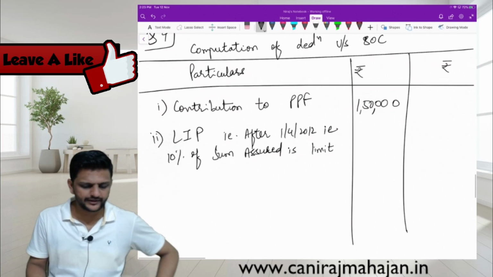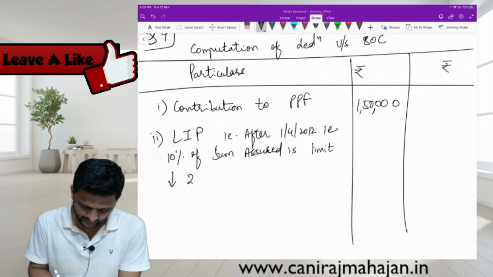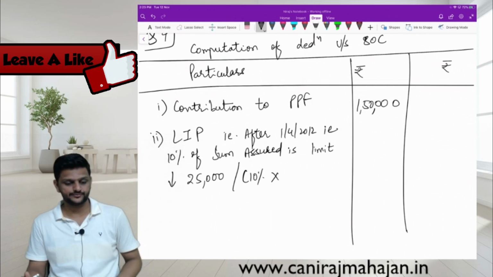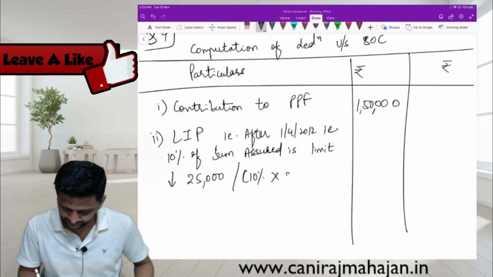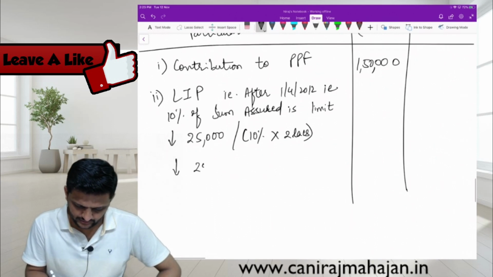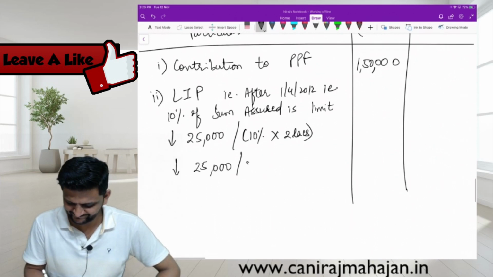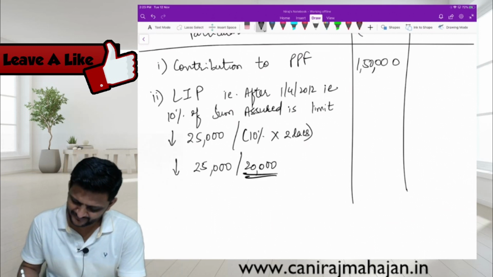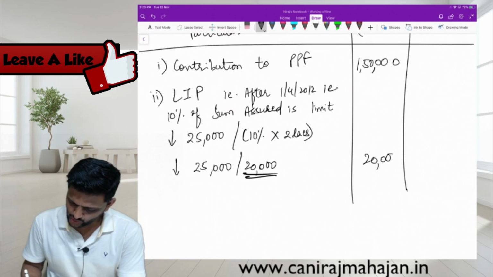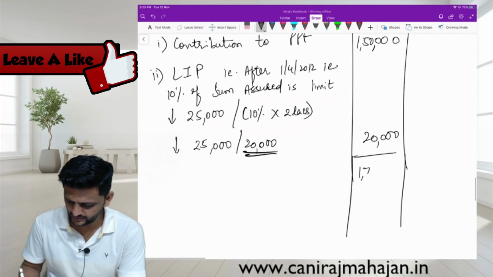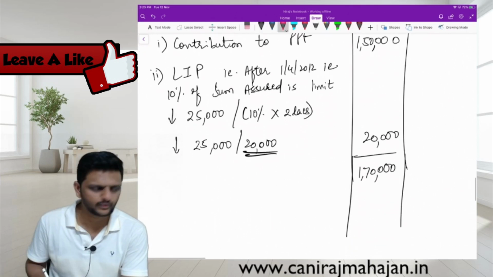So actual premium paid is how much? 25,000, or 10% of sum assured is how much? 2 lakhs. How much is that? Snehal? 20,000. Correct? So inner column total is 1,70,000. Correct? Simple what?